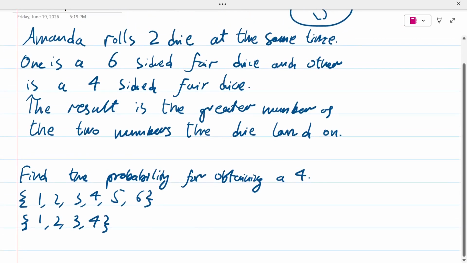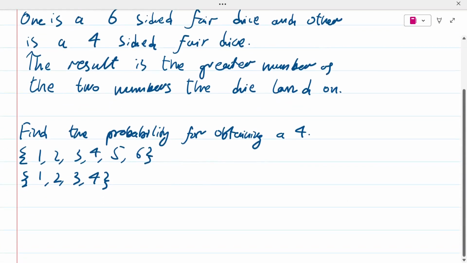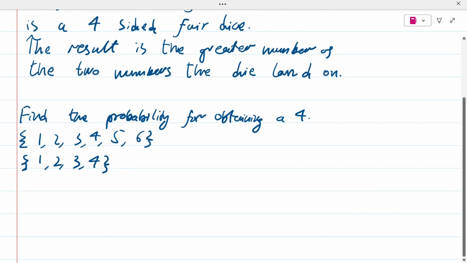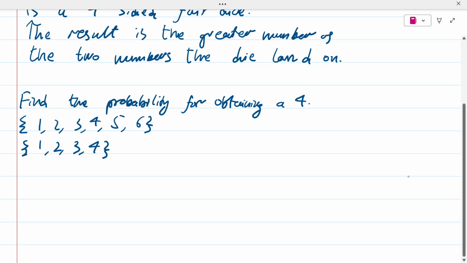So Amanda rolls two die at the same time. One is a six-sided fair dice, the other is a four-sided fair dice. The result is the greater number of the two numbers the die land on. Obviously they also give you the numbers on both of the dice, and then they ask you to find the probability for a specific result.